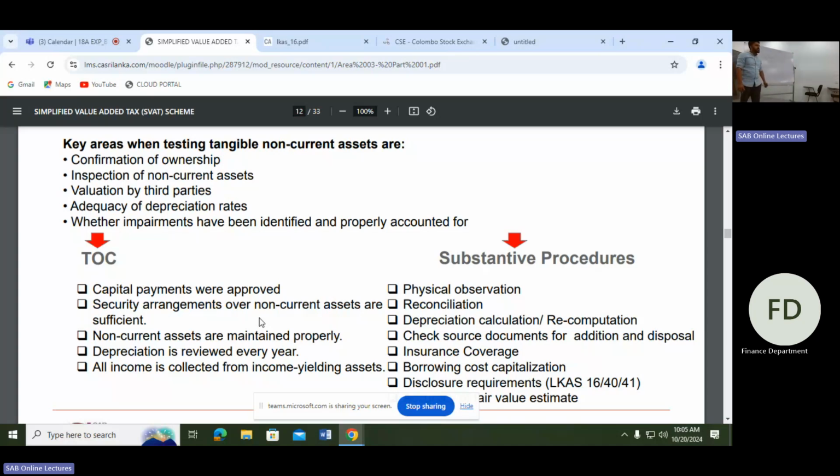Component depreciation, what do you mean by that? One asset, components should be depreciated based on different depreciation rates. For example, a building should be depreciated at different rates.